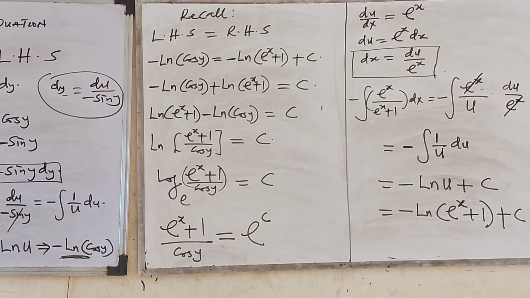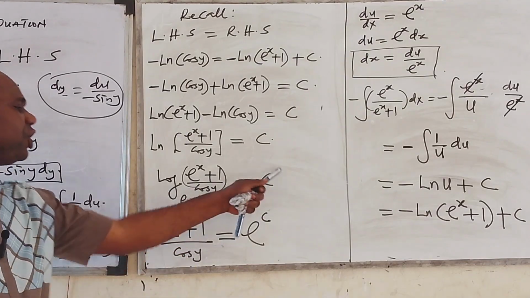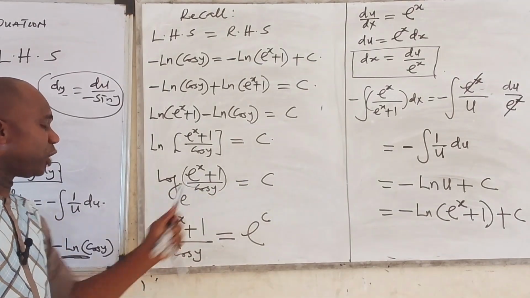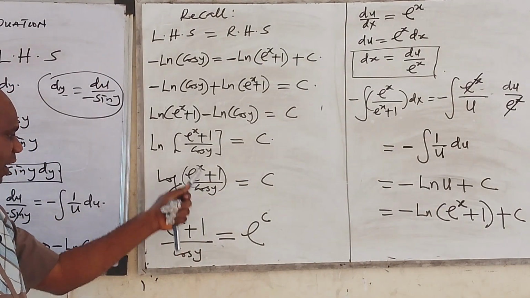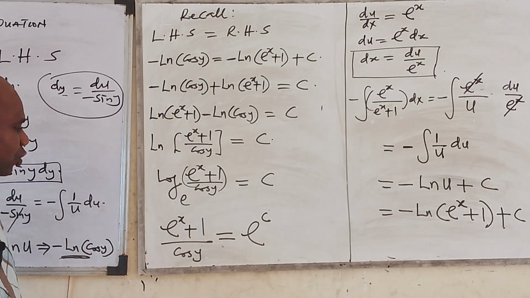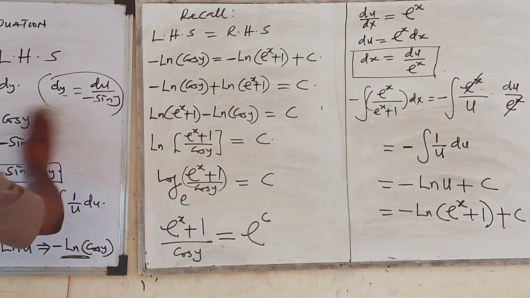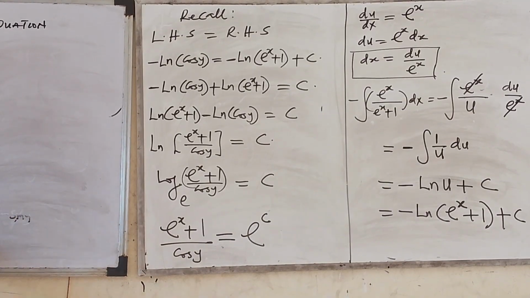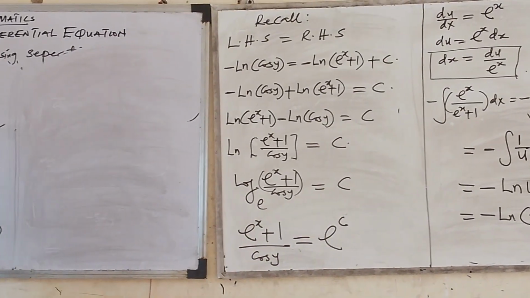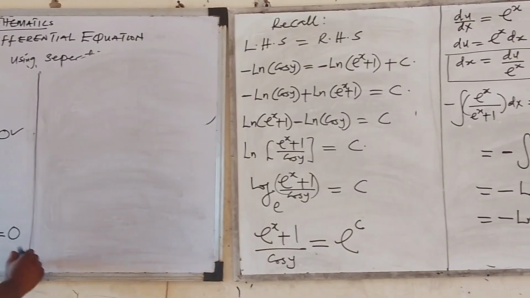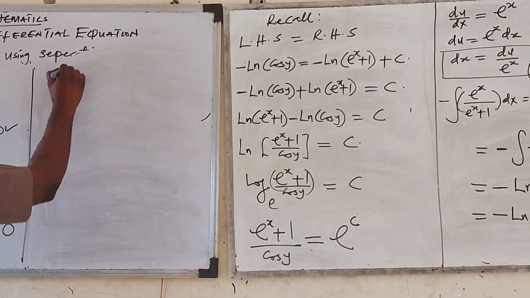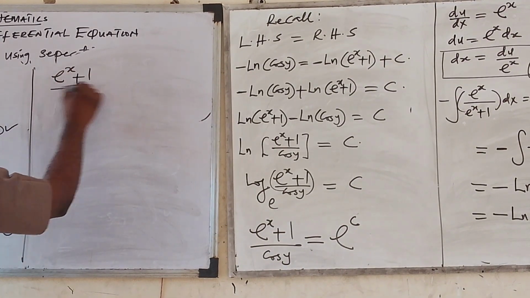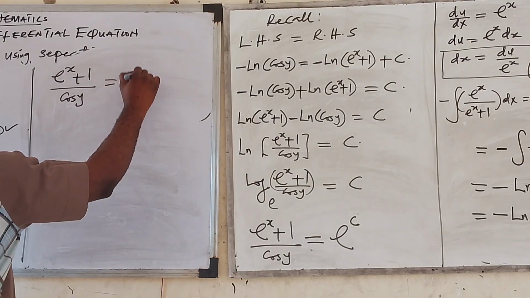We said the logarithm of a number to a given base is the power to which the base can be raised to give you the number. So e power x plus 1 all over cos y is equal to e raised to the power of c.